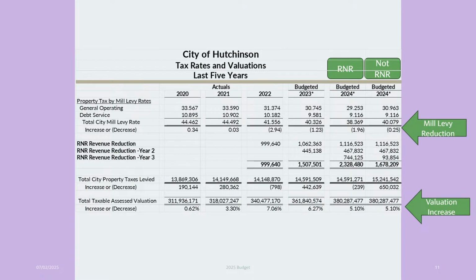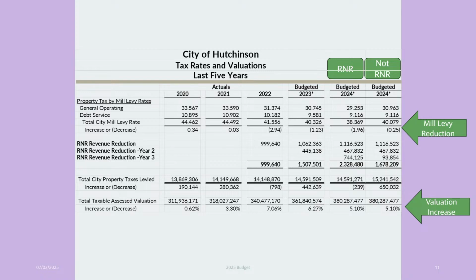So to get there, we would propose that we only decrease our mill 0.25. So in this graph, at the top, you can see our total city mill levy in 2020, so that's for the 21 budget, is 44.462. 21, we held about the same. 22, we decreased 2.94. 23, we decreased 1.23.